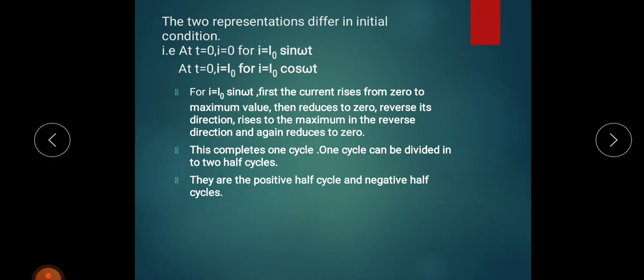Then again it rises to the maximum in the reverse direction and again reduces to the 0 value. This completes one cycle. One cycle can be divided into two half cycles. What are the two half cycles of the alternating current? We already know they are the positive half cycle and the negative half cycle.